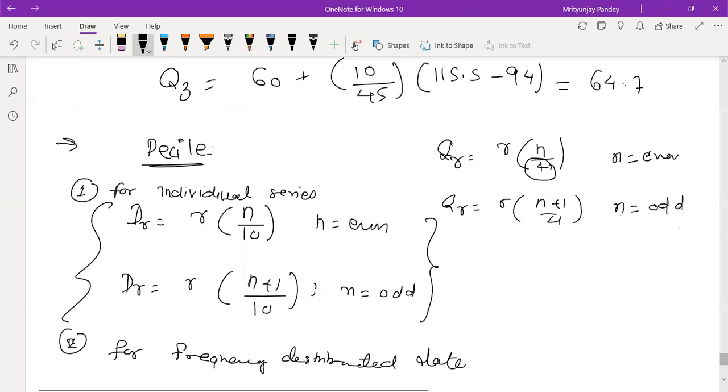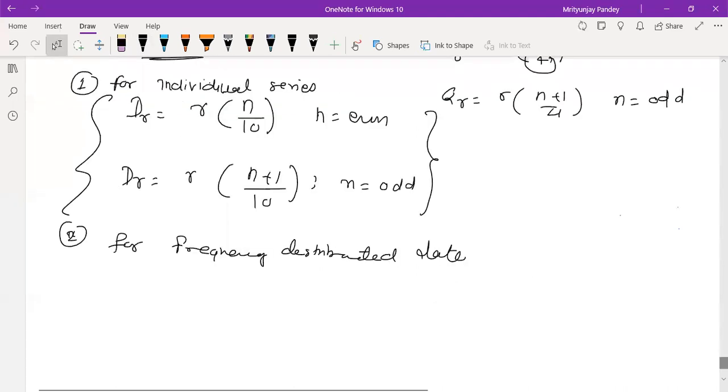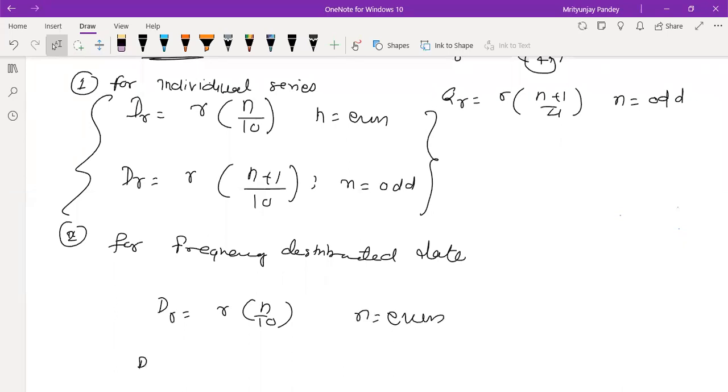It is the same formula: Dr equal to r into n by 10 if n is an even number, Dr equal to r into n plus 1 by 10 if n is an odd number. But here n is the summation of f.